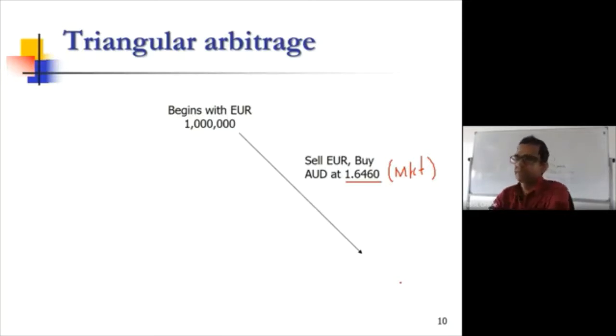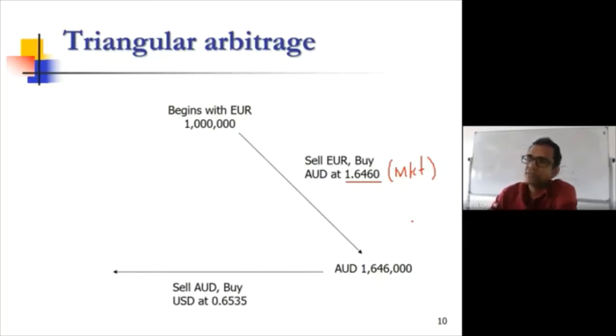Can someone do the calculation? If you sell euro against Australian dollar, what is the amount of Australian dollar that you are going to get? You sell euro 1 million. 1,646,000 AUD. Yes. So you will get Australian dollar 1,646,000. Now what do you do? You use this Australian dollar amount to buy US dollars.